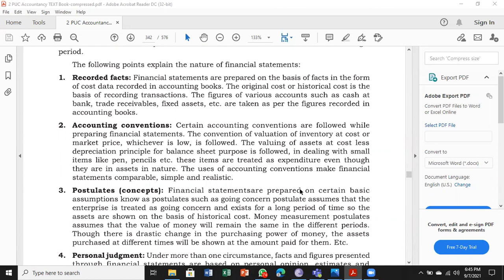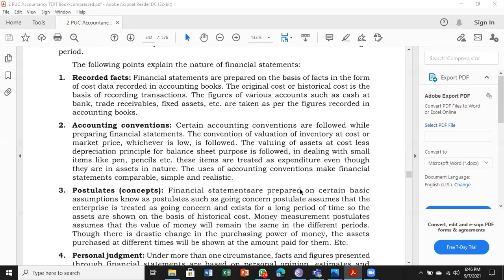So we call it historical cost also. We call it original cost also. Various accounts are prepared as you've done in the first PUC: cash account, share capital account, bank account, fixed assets account, every person's account, all are closed, and based on that a summary is prepared. The second is accounting conventions.